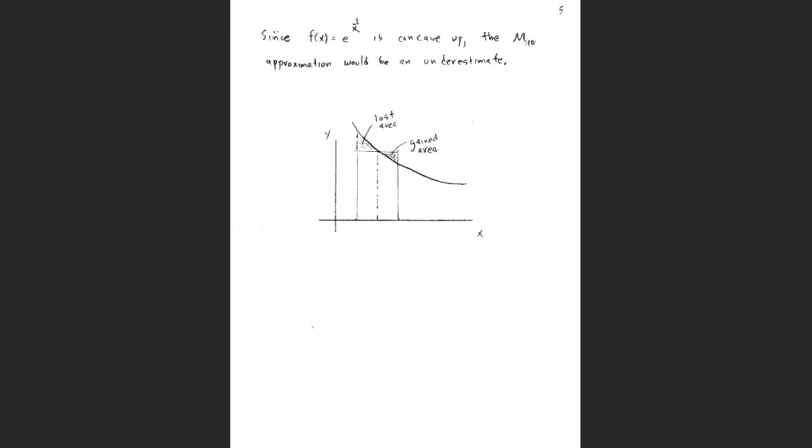Okay. So the graph of e to the power 1 over x is concave up. What I've done here is I've graphed, well, I want to be a little careful here. If you graph this function, you're going to see it looks concave up, and it is concave up.